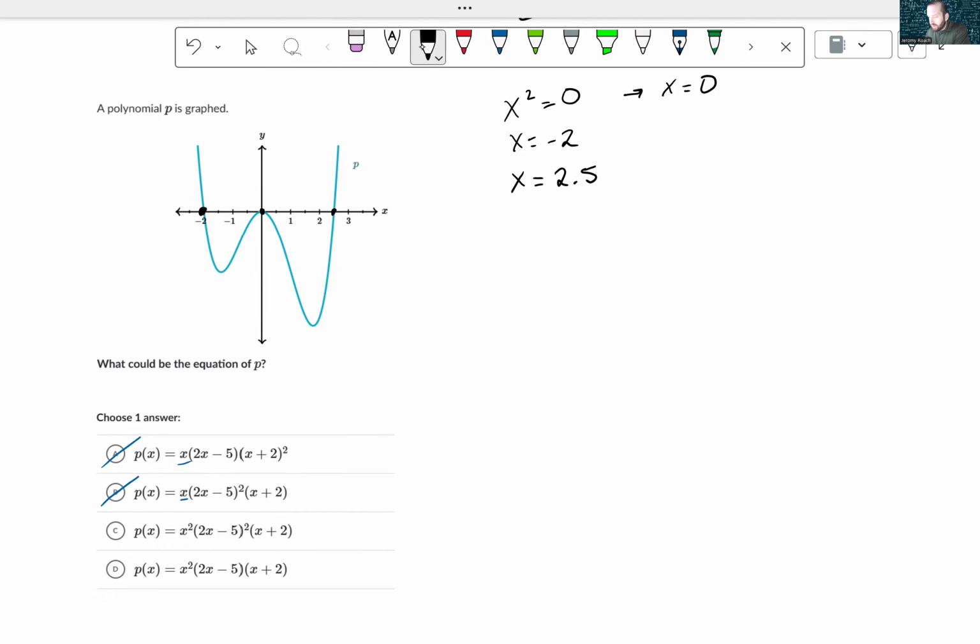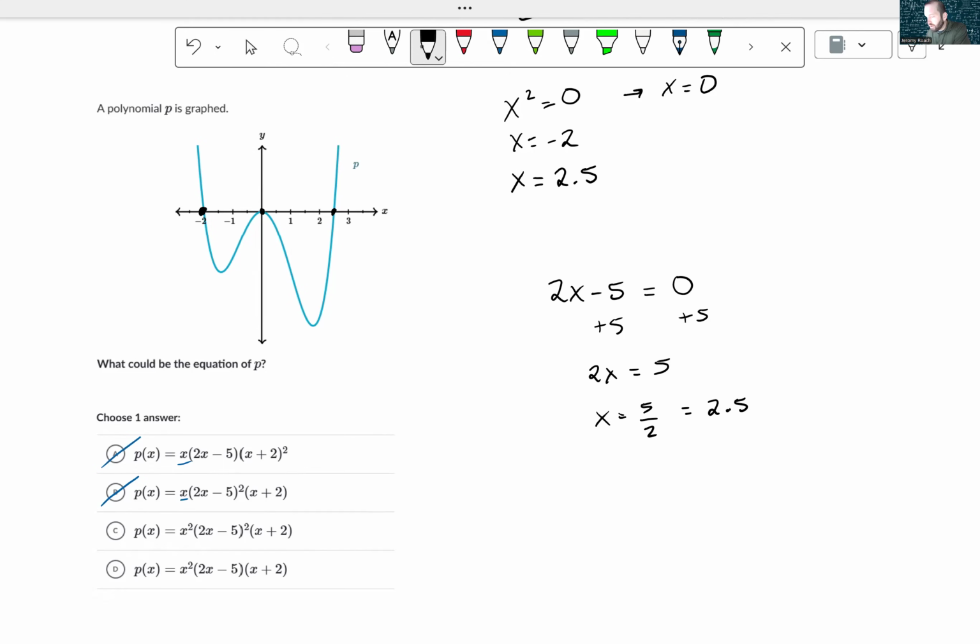So now we're going to figure out which one of these binomials is going to make this true. We can actually already see here that the 2x minus 5 quantity squared, I'm just going to say equals 0. And we'll add 5 and add 5. 2x equals 5, x equals 5 over 2, or 2.5. Now you might be thinking, well, that's true.